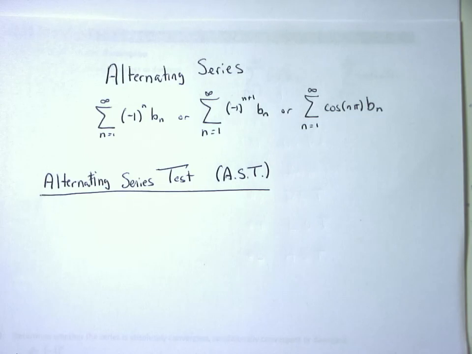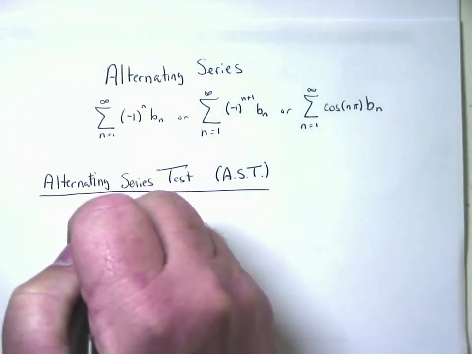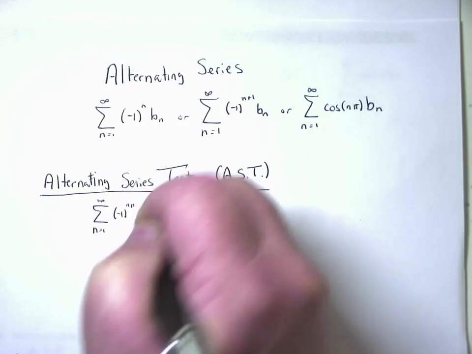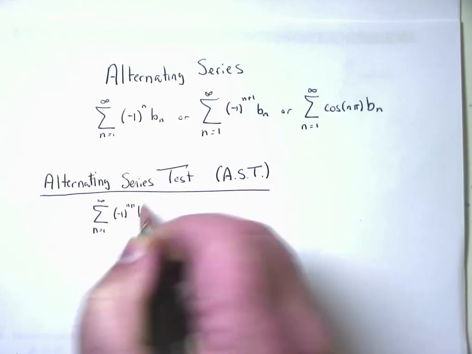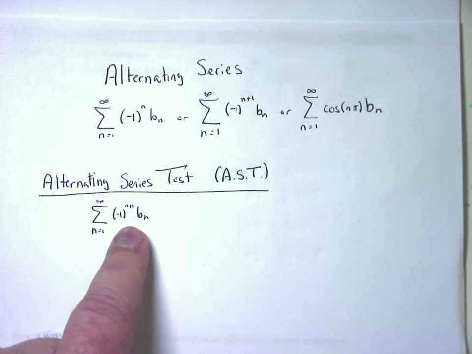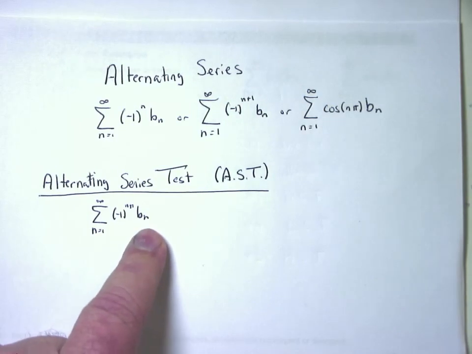The alternating series test says this. If you're given an alternating series, which is the sum as n goes from 1 to infinity of negative 1 to the n plus 1 times bn, you're going to focus on the sequence part without the alternation. This is the bn part. And two things have to happen.